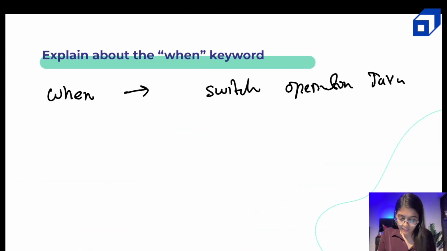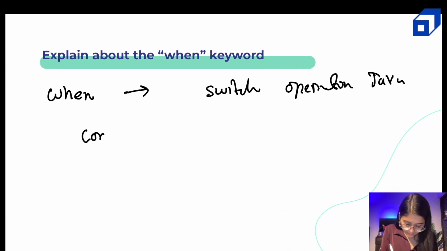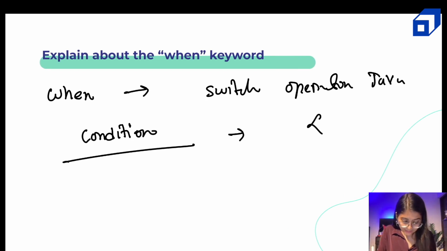So basically we do the same thing in Kotlin. When a certain condition is met, a specific block of code must be run, right?